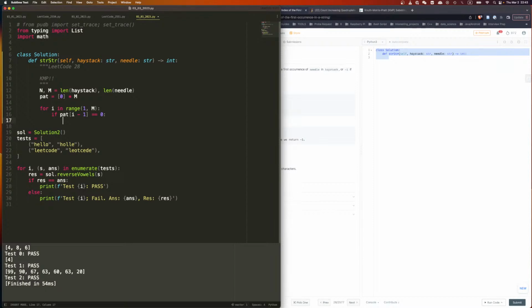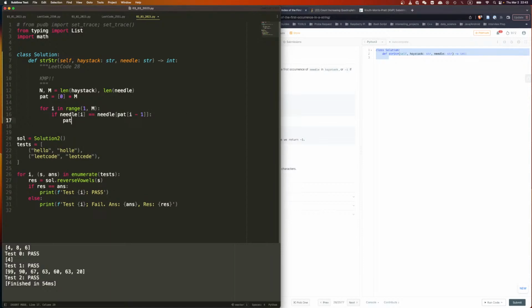So we say if, no, actually it doesn't really matter. We just say if needle i is equal to needle pattern i minus 1, right?